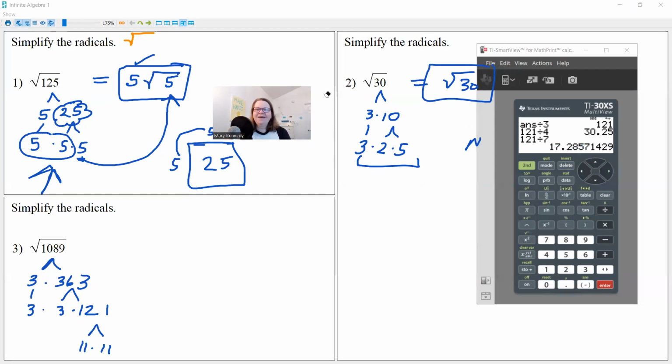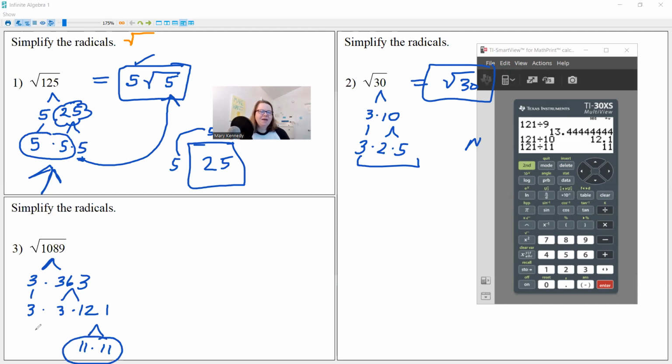And a decimal means that it doesn't work. 121 divided by 8 gives me a decimal, and 121 divided by 9 is a decimal. 121 divided by 10 doesn't work because it doesn't end with a 0. And so if you hadn't thought of 11, there you go. 121 divided by 11 is 11. So it takes some trial and error sometimes with these to make sure that you're good.